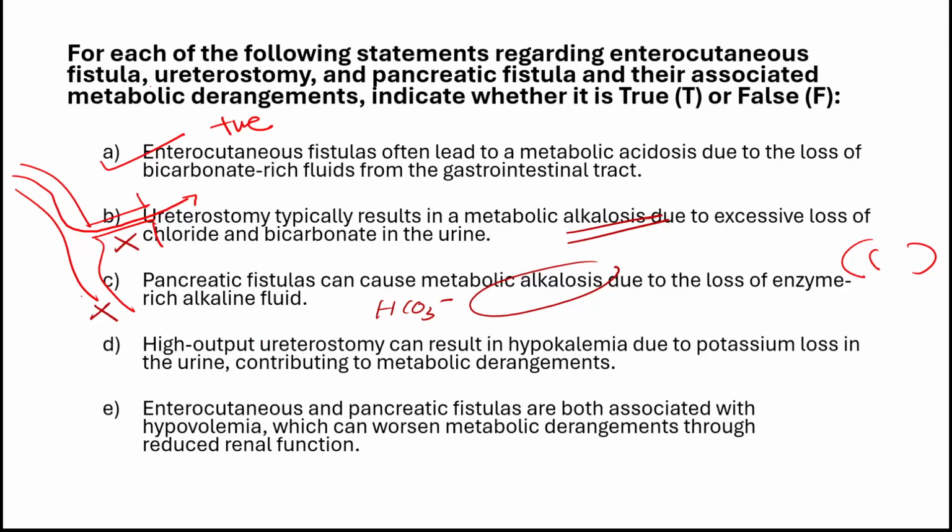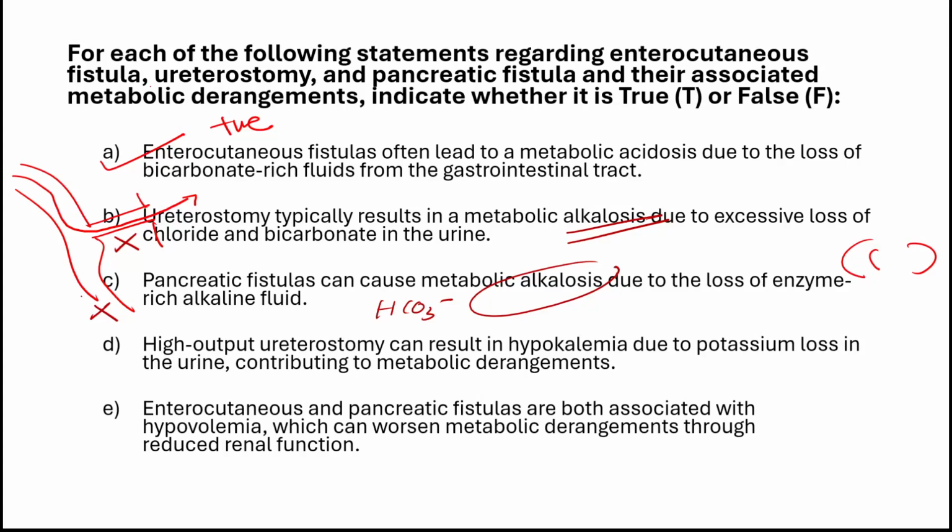It is because, as I said, high output ureterostomy can lead to loss of both sodium bicarbonate as well as potassium. So the potassium loss could be extreme because of the electrolytic imbalance. Once this flow is quite extravagant, there could be excessive loss of urine, which does not allow the collecting duct and the distal part of the convoluted tubules to reabsorb much.